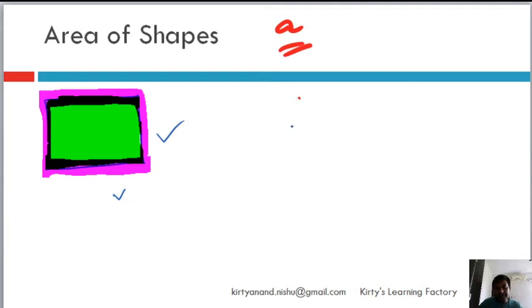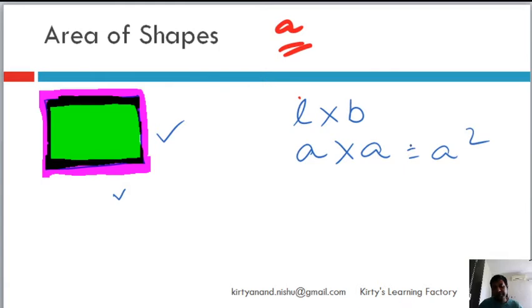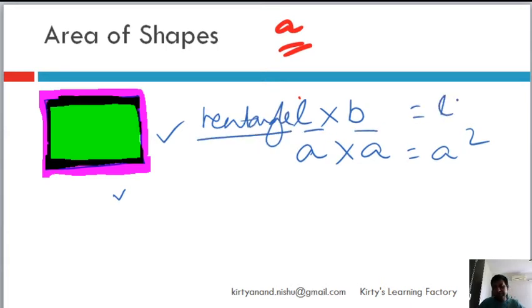Length is also A and breadth is also A, so it becomes A square. In case of a rectangle, length is different from breadth, so it becomes length into breadth. But the logic remains the same. So that is basically area.